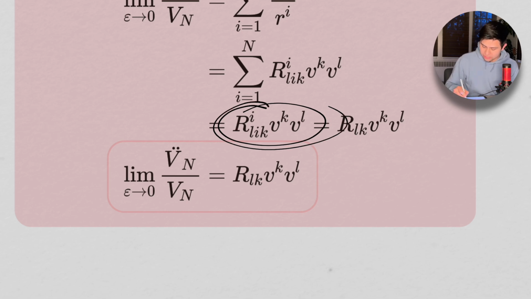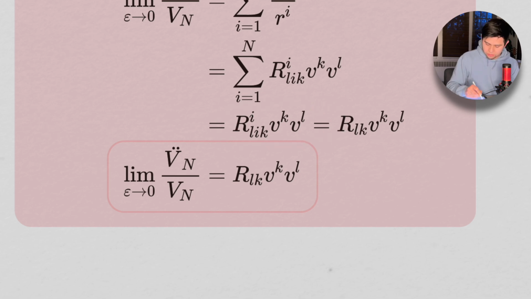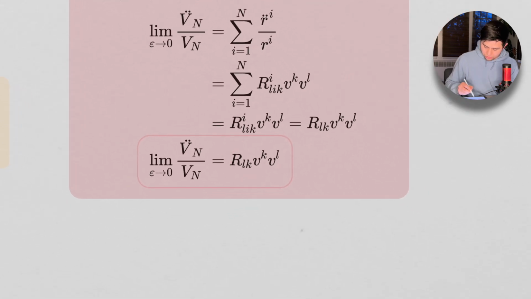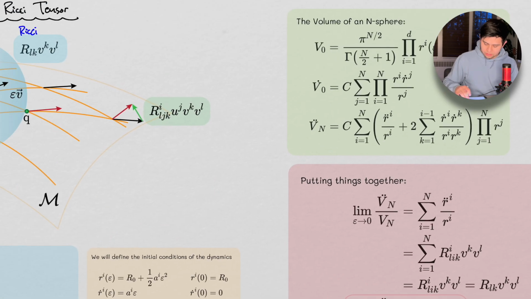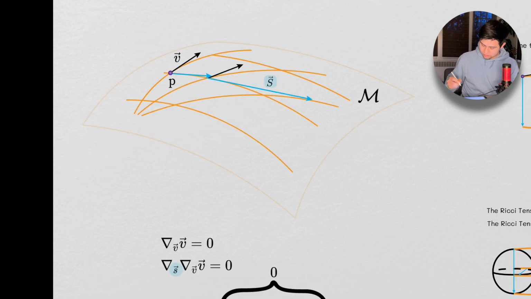Because we're contracting over both of these indices right here. All right, so that is the Ricci tensor. And so the Ricci tensor is related to the change in the volume of some n-sphere over the volume of the n-sphere. So the double derivative of the n-sphere over the n-sphere.